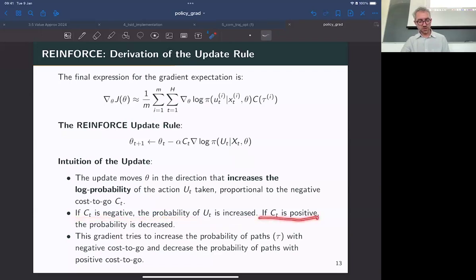If ct is positive, the probability is decreased in a way that's nonlinear because there is a log in between. So another way to analyze it is that this gradient tries to increase the probability of paths, so trajectories, with negative cost to go, and decrease the probability of paths with positive cost to go.